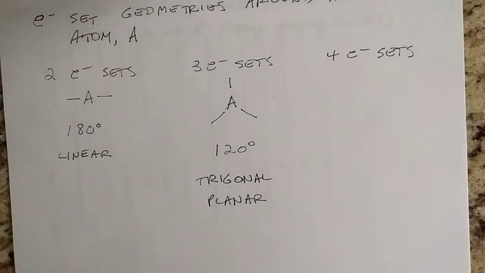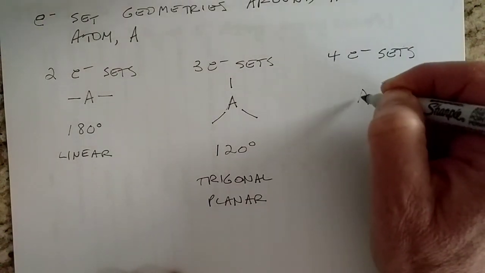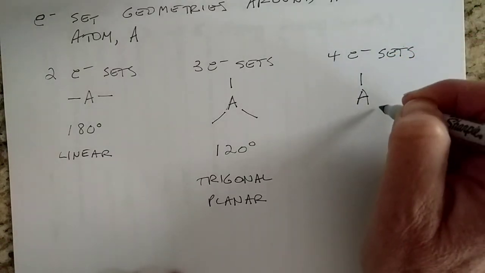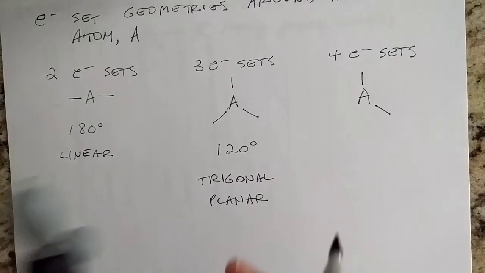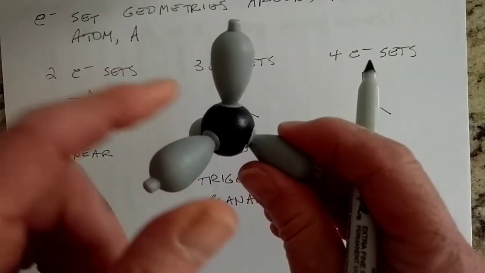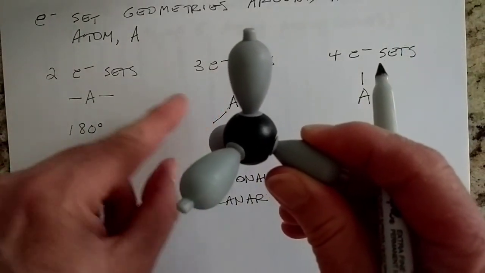All right, so let's see how we're going to represent that on our paper, showing the 3D aspect. So we put A, our atom, in the middle, and we're going to put one set up and one set over. So that would be like this, one set up and one set over. Now one set sticks in front and one set goes behind.